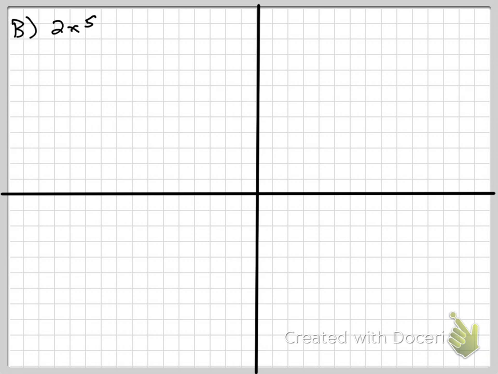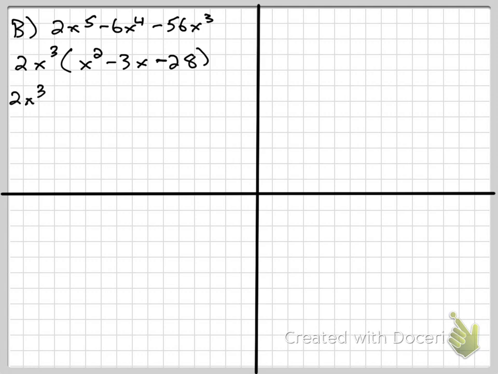B, our GCF here would be 2x cubed. That leaves us with x squared minus 3x minus 28. Two factors of negative 28 that add to give me negative 3 are x minus 7 and x plus 4.